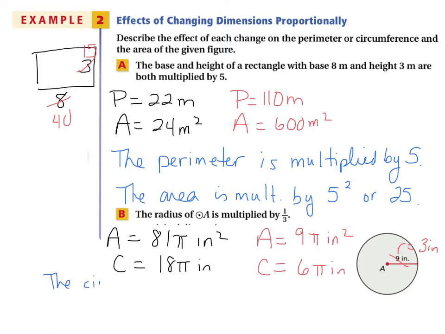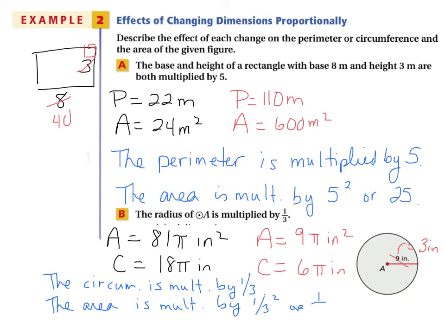The circumference is multiplied by 1/3, and the area is multiplied by 1/3 squared, or 1/9.